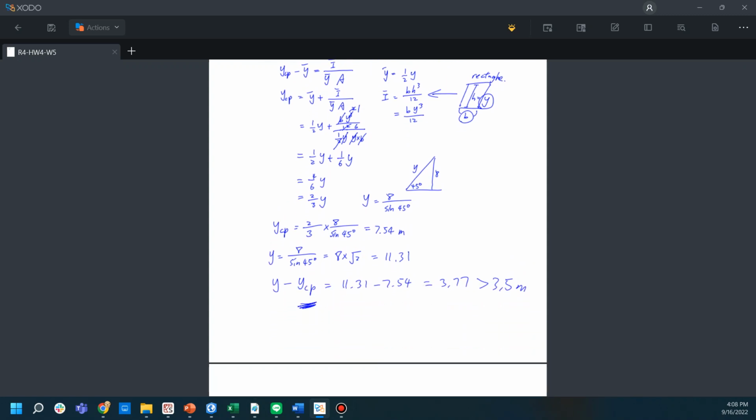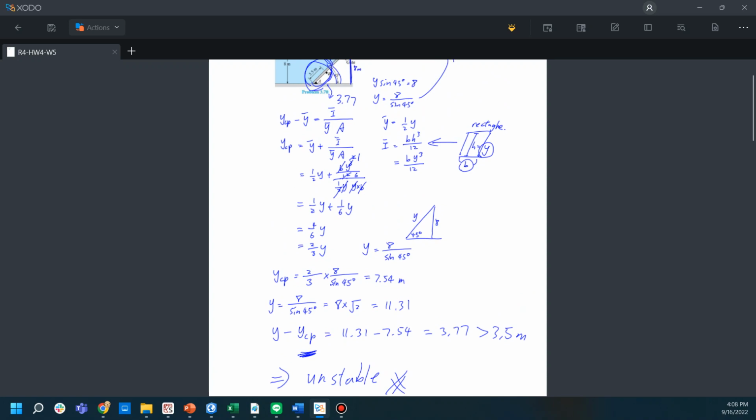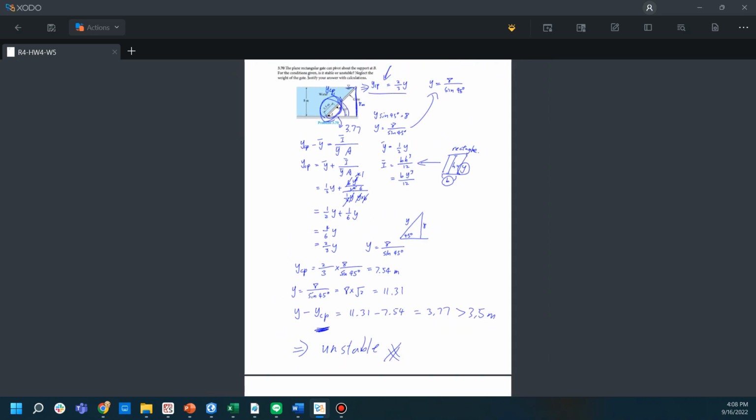So we can conclude that the system is unstable. So for this question, you basically need to calculate the YCP. If the YCP is acting on this pivot B, then the system is stable. Otherwise, it's not.